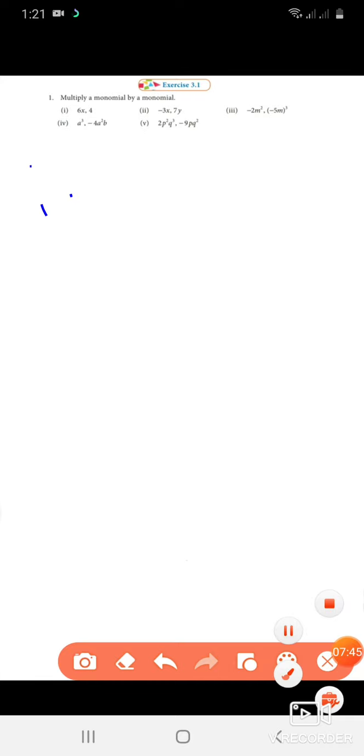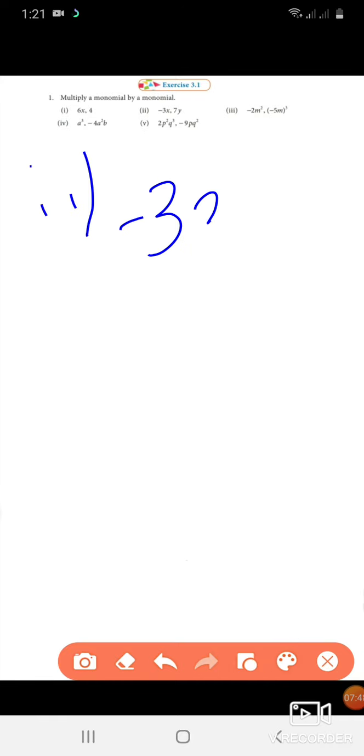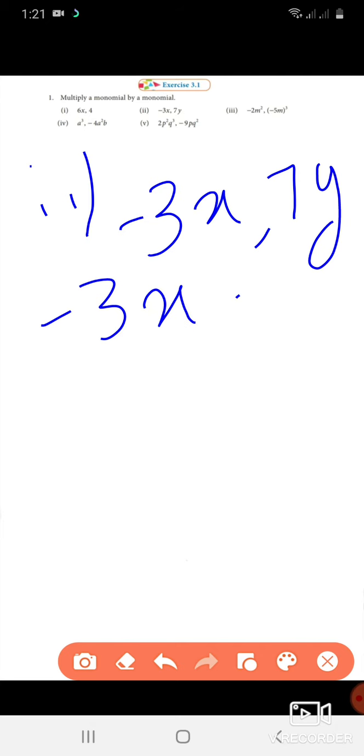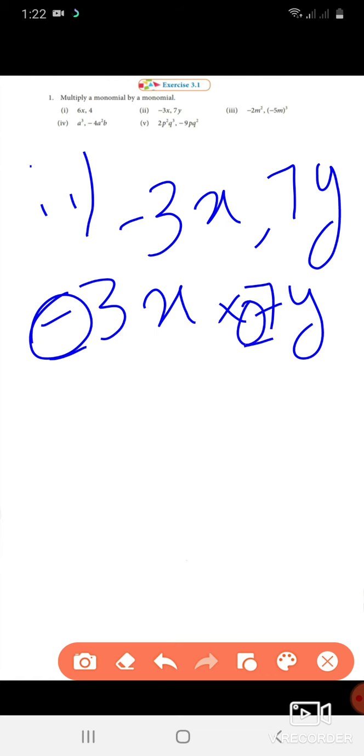Second one. Minus 3x comma 7y. Just look at the sign first. Minus 3x into 7y. We are going to multiply, so put the multiplication sign. Now we have different signs, minus and plus. Different signs mean minus, and then multiply the numbers. 3 into 7, 21. 3 7s are 21.